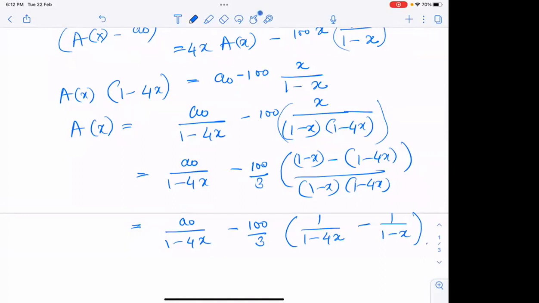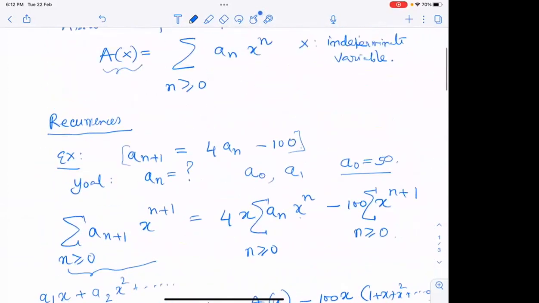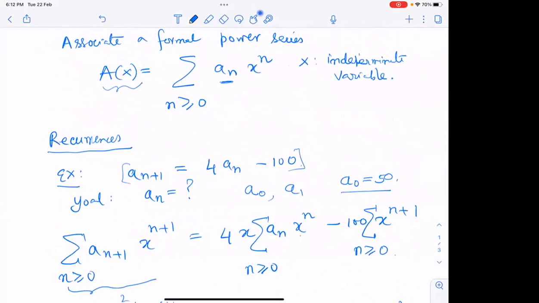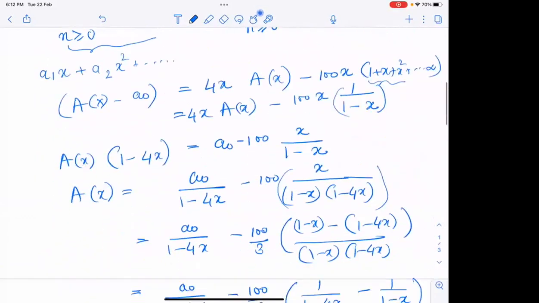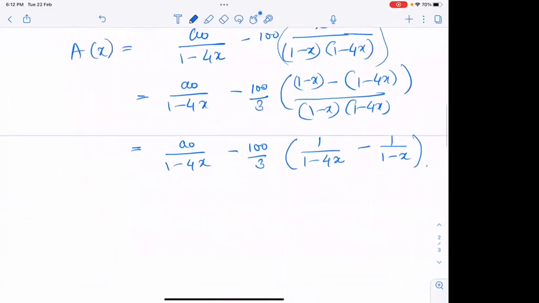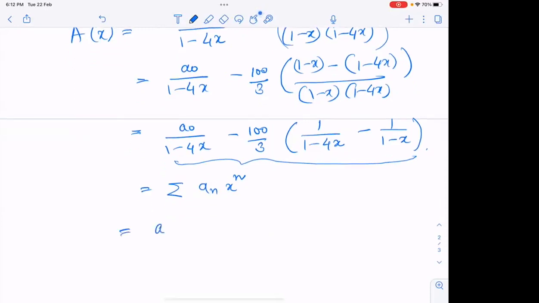Now, what is my goal? I want to get the coefficient an that sits in front of x to the power n. I know that A(x) equals the summation of an x to the power n. How do you get the coefficient of x to the power n from this side? We expand the series. Yes, just expand.